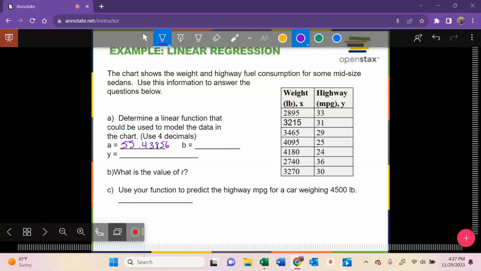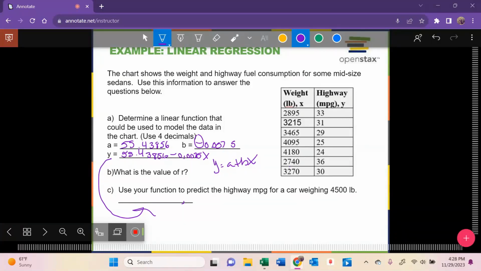Our B value is negative 0.0075. And so our Y comes from Y equals A plus BX. So I'm going to have 55.43856. It's plus, but we have a negative right here, so we're going to use minus 0.0075x. So this is now our model, and we're going to use this model to answer part C.